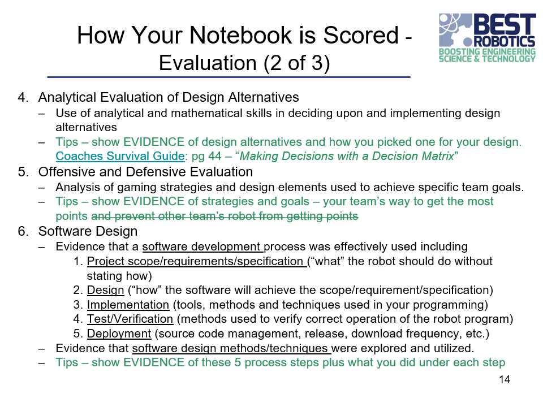And then offensive and defensive evaluation. This particular section, you want to be talking in your notebook about your goals, and the goals should be how you're going to be doing your scoring. So you should have some scoring goals.